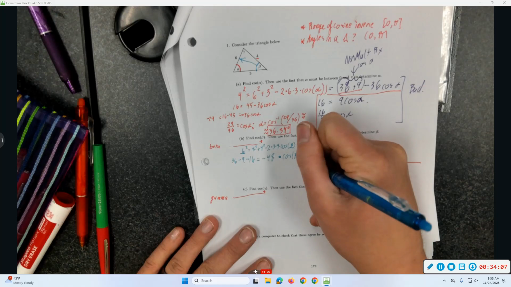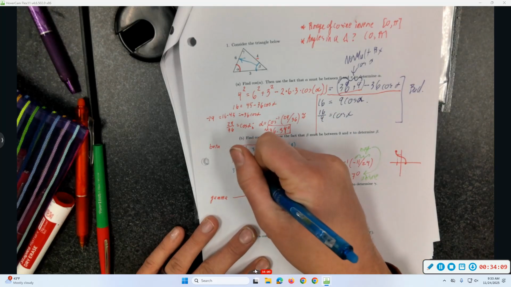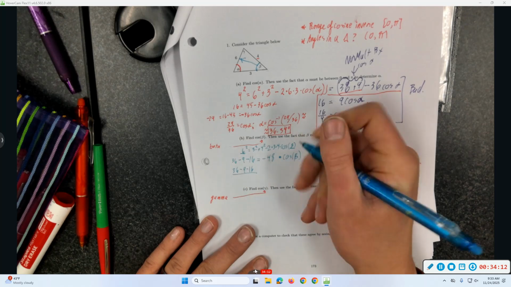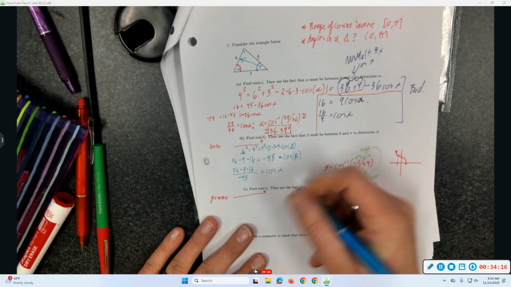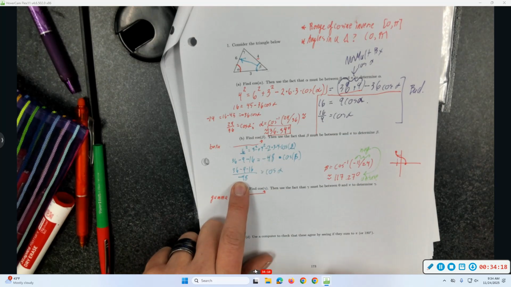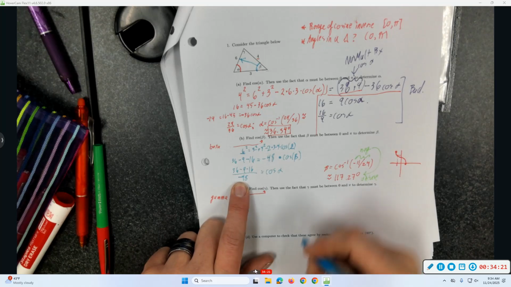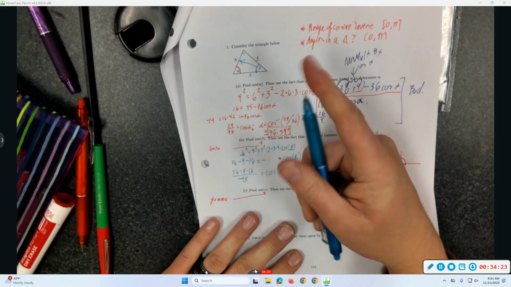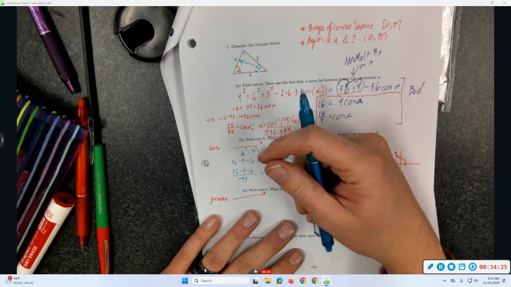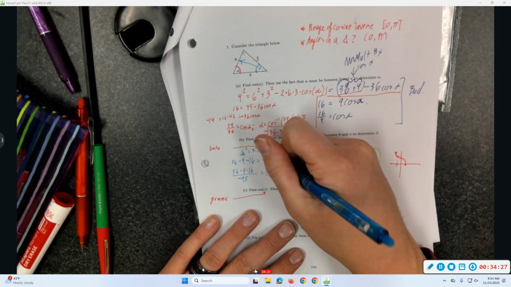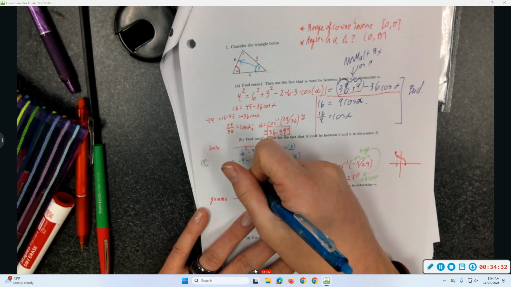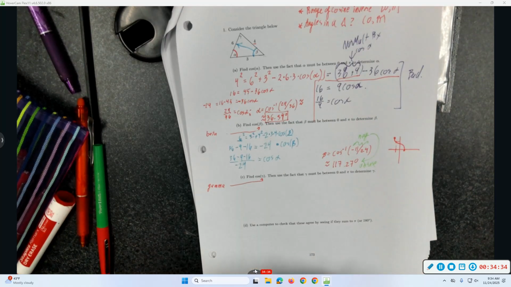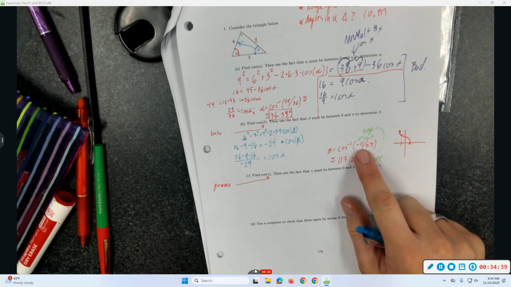Oh, and now you've got to divide. 36 minus 9 minus 16 all over negative 24 is cosine beta. Agreed. Thank you. That's what I get for trying to do things too quickly. Alright, nice. And then all that simplifies to negative 11 over 24.